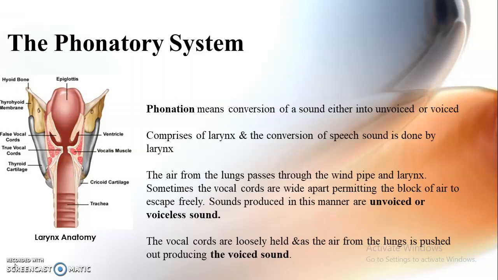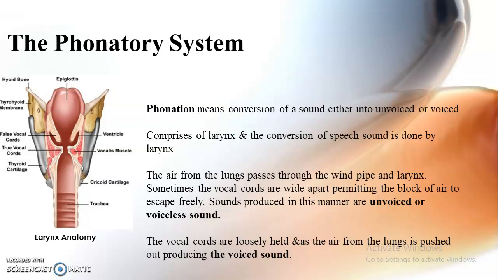Now, in contrast to this, if the vocal cords are wide apart, then what happens? It permits a block of air to pass very freely. And sounds produced in this manner are known as unvoiced or voiceless sounds. Examples of voiceless sounds are the sound p as it is pronounced in the word pen, then t as it is pronounced in the word ten.